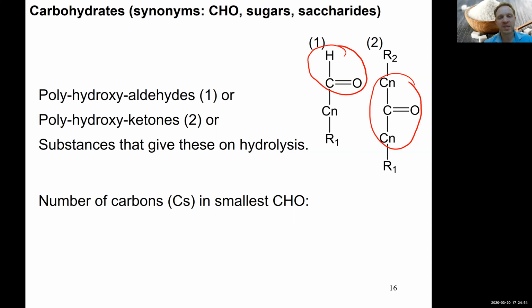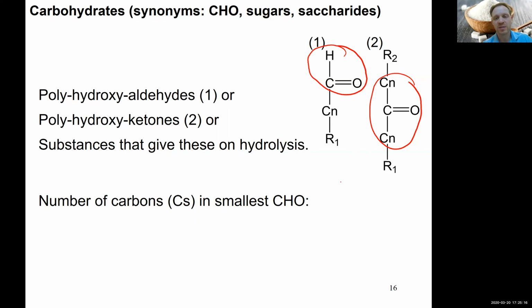So you can ask yourself, what might the smallest carbohydrate be? What you need is a carbon with this aldehyde group or the ketone group, and you need polyhydroxy. The smallest way of doing poly would be 2, so you need 2 additional carbons to carry those polyhydroxy functions.